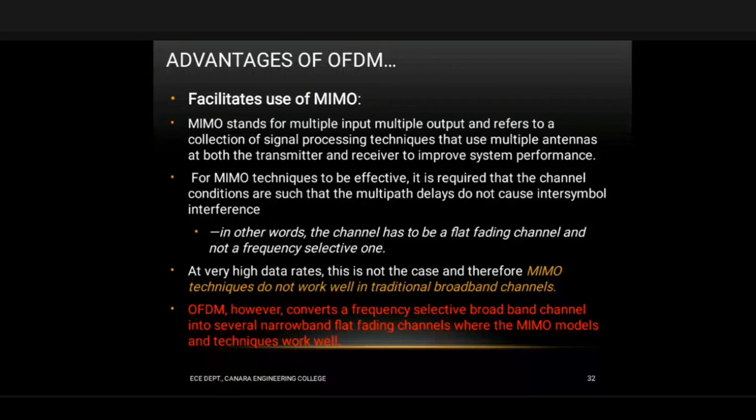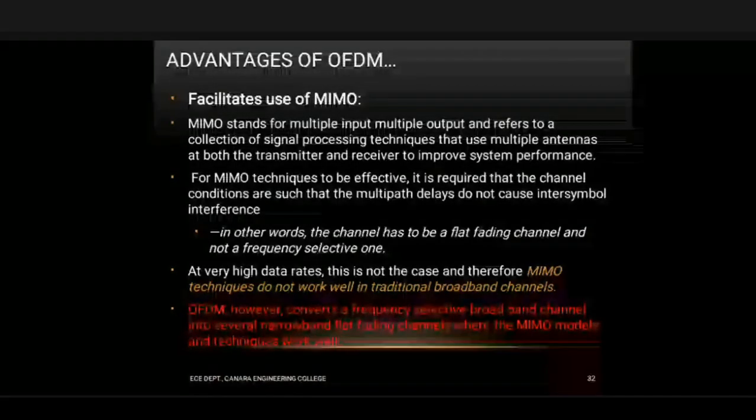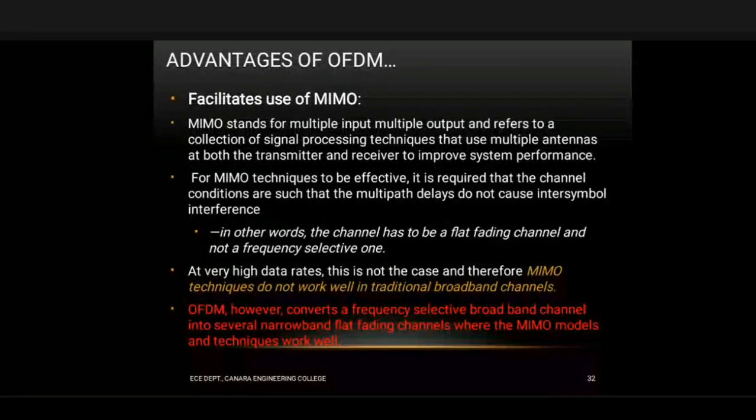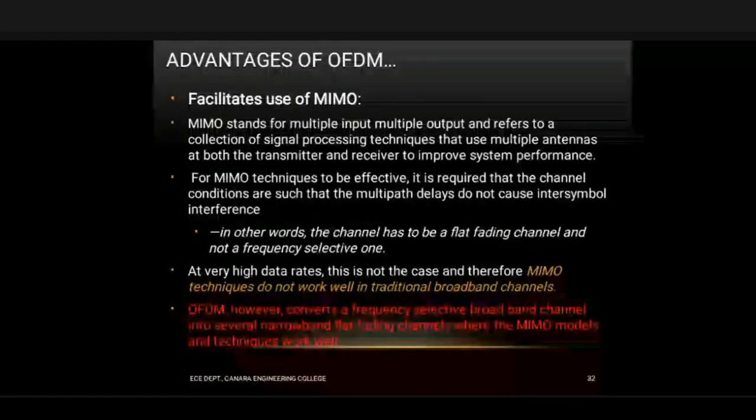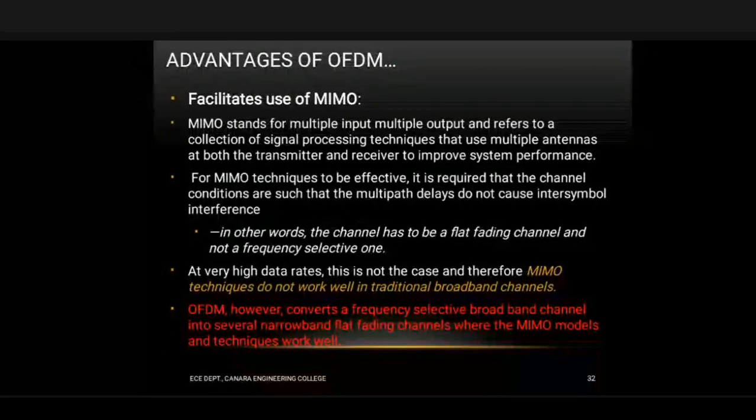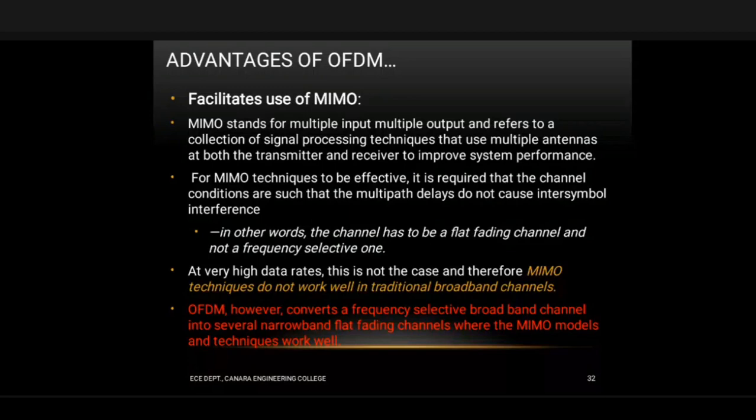So OFDM, however, converts a frequency selective broadband channel into several narrowband flat fading channels where the MIMO models and techniques work well, because we are using parallel streams of subcarriers of lower data rate compared to the traditional way of CDMA, where we are using high data rate transmission. Here we are using low data rate parallel transmission. So overall, we are sending more data with less trouble. That is the advantage with OFDM.